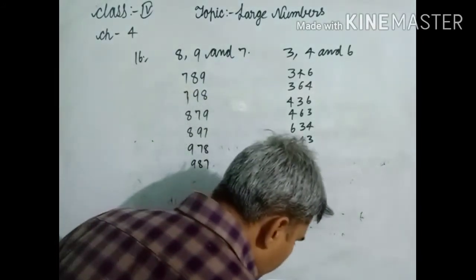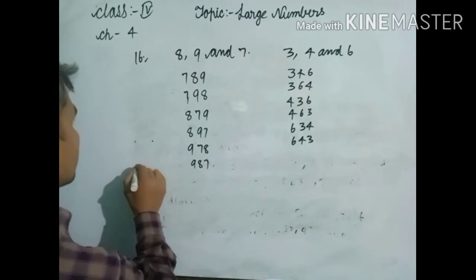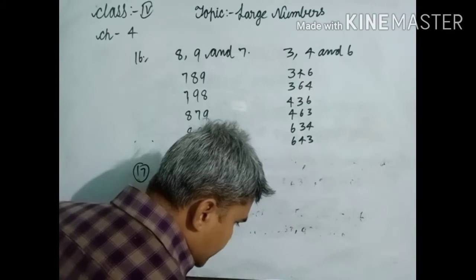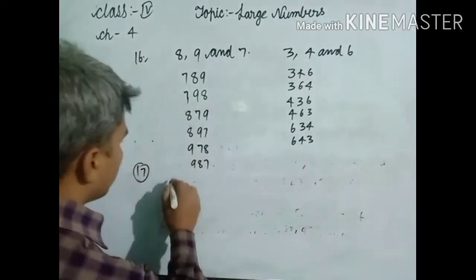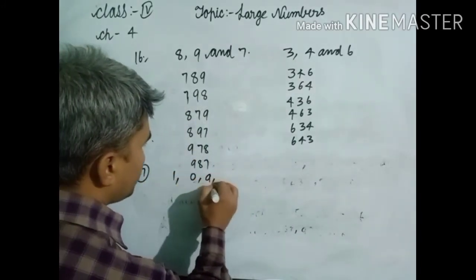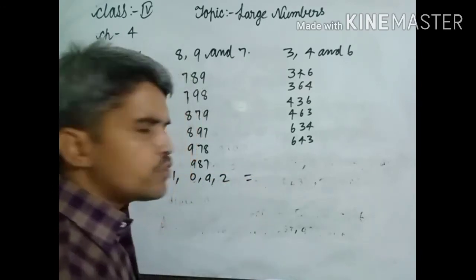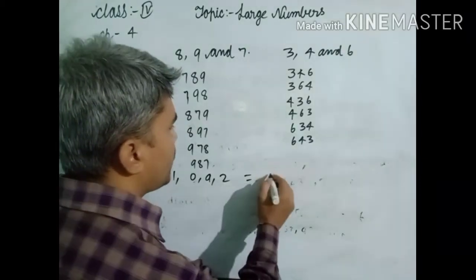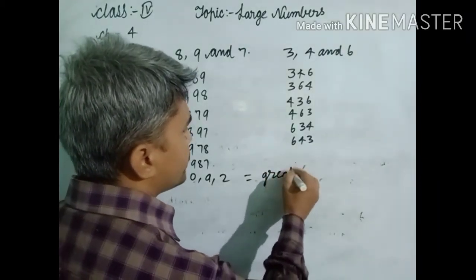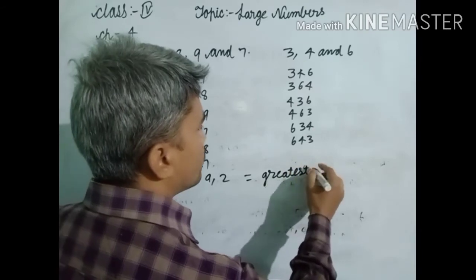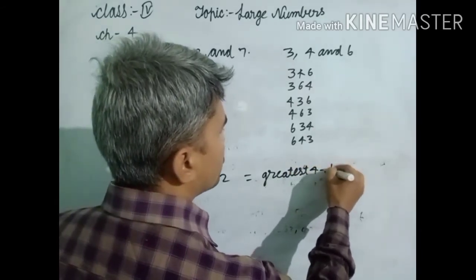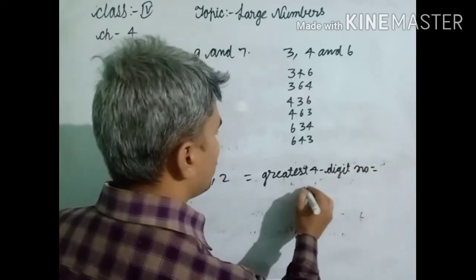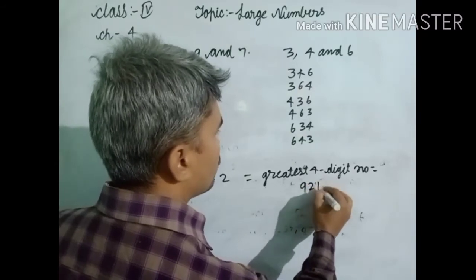Now question number 17. What do we see in question number 17? Dear students, write the greatest number of 4 digits using 1, 0, 9, 2. Greatest 4-digit number. Who is the largest digit? 9. So you write the greatest 4-digit number is equal to 9,210.